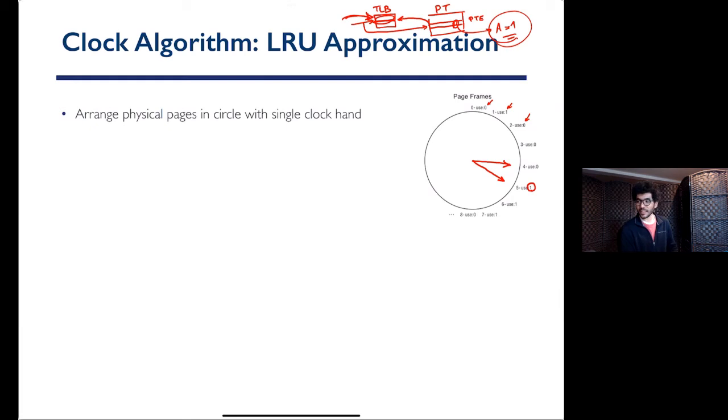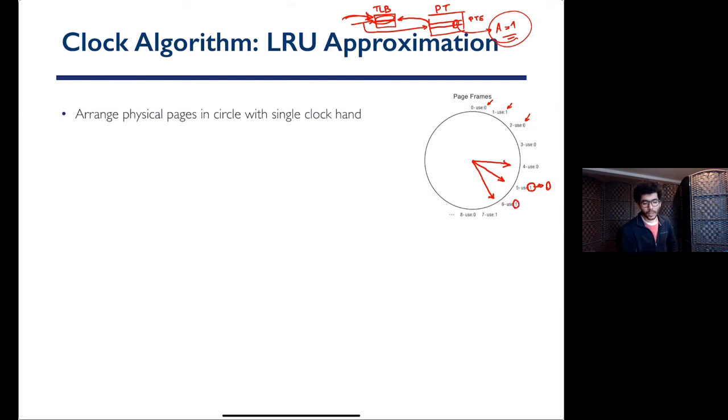If the access bit is 1, I'm going to set it to 0 and flush the TLB entry of this page table entry, and I'm going to move the hand one more time. I'm going to look at the next one.